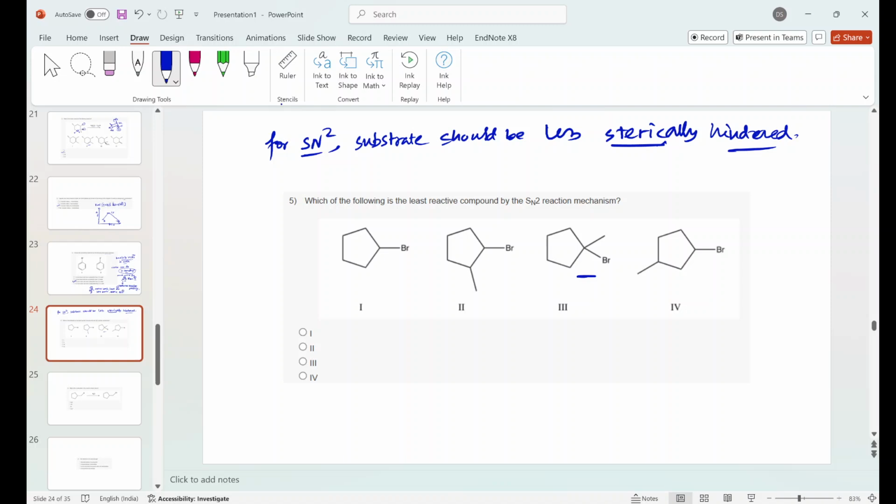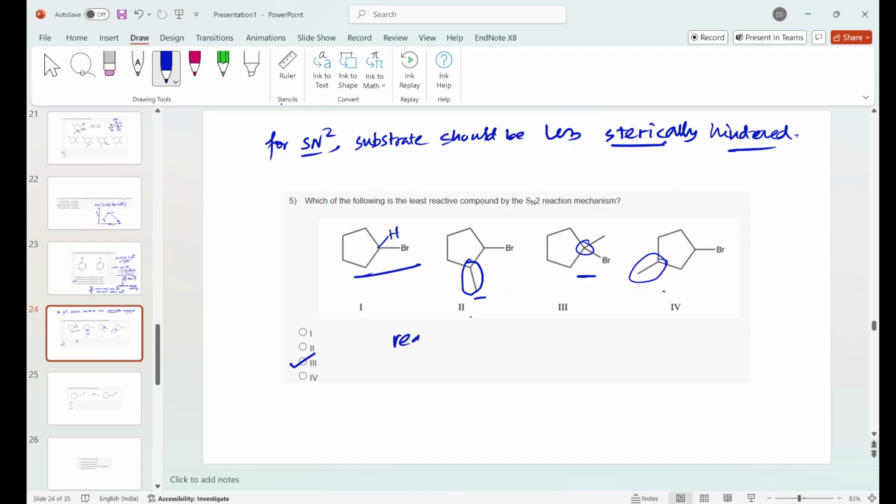Here you have one, two, three, much bulkier groups. Here you have the methyl group in the beta position. Here you have it in the gamma position, and here you don't have. So this one will be by far the least reactive compound because there is only one proton out there. So one will be the most reactive, then four, then two, then three. Three will be the least reactive.